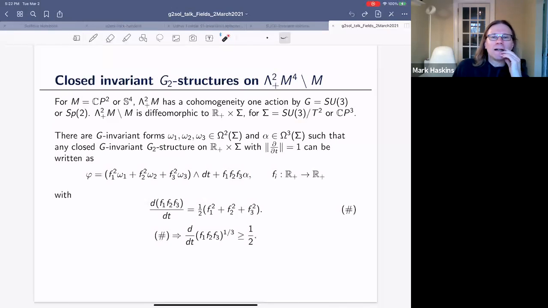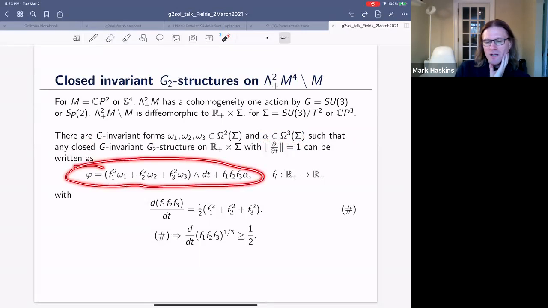It turns out when I look at invariant 2-forms on this one, there's a 3-dimensional space of those, which are labeled omega 1, omega 2, omega 3. And then there are 2 invariant 3-forms, but only one of them is relevant in our case. We'll call it alpha. Our closed invariant G2 structure should take this kind of form.